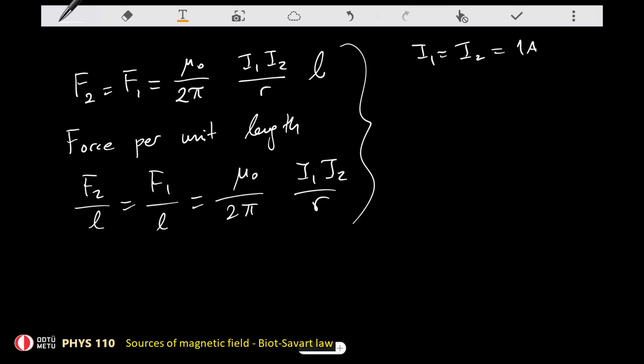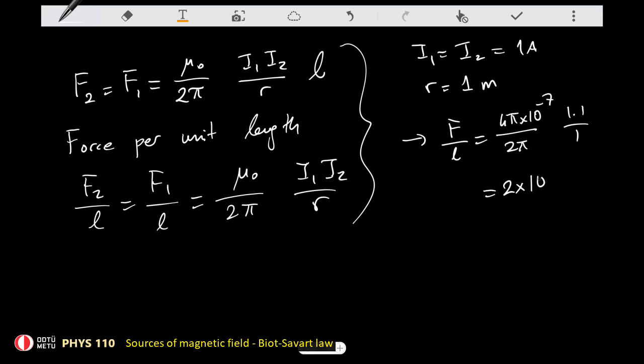If the currents are about 1 ampere and the distance is 1 meter, the force per unit length acting on any of the wires is equal to mu0, which is 4 pi times 10 to the minus 7, divided by 2 pi, and these values are all equal to 1. So we get a value which is 2 times 10 to the minus 7 newtons per meter. So the unit is newtons per meter.